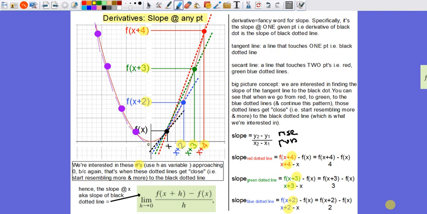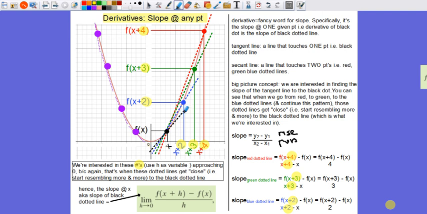I'm going to say it for the third time, and I hope you are getting bored of me saying this, because that means you're getting it. We want these numbers right here, 4, 3, 2, to start approaching 0. Because as they approach 0, these colored dotted lines, red, green, blue, start becoming closer and closer and resembling this black dotted line, which is what we're after.